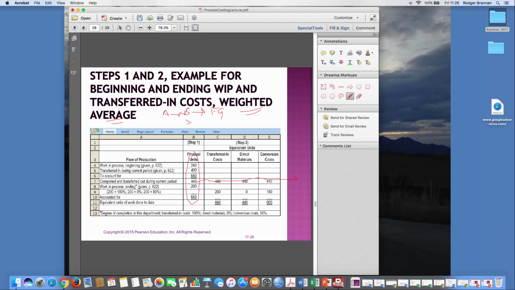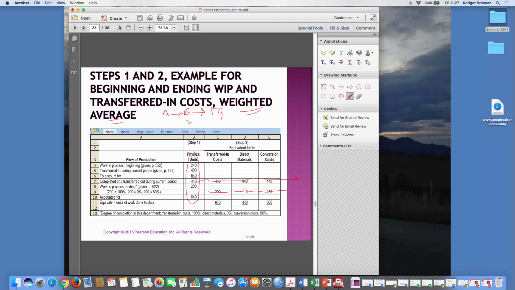Now, where it gets a little bit tricky is with the conversion cost. Okay. In this particular case, because these items got transferred in, the 200 units are sitting there. They can't add any more transferred work. Okay, they're done. Okay, so these are always going to be 100% from the transferred in department.